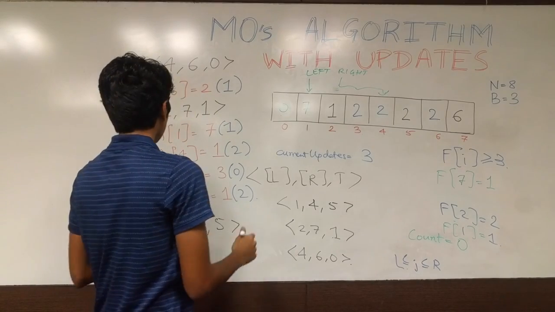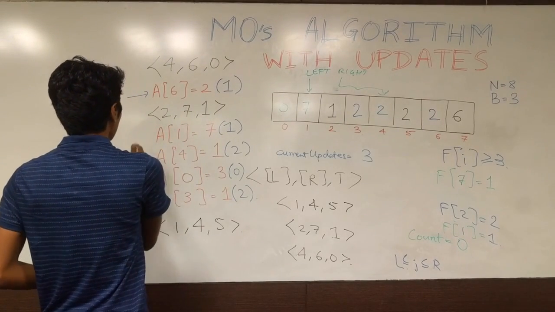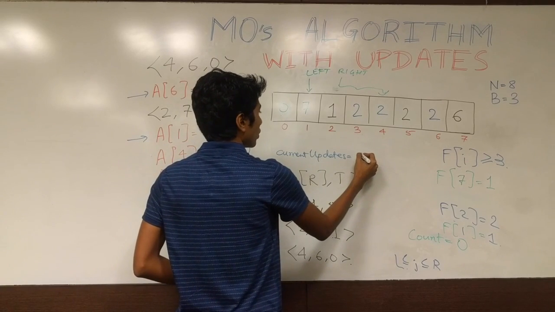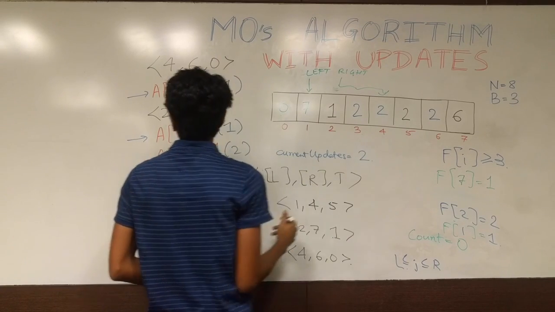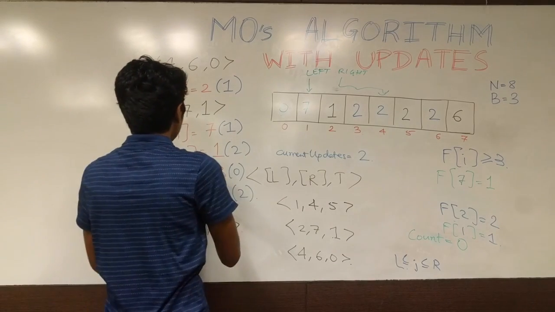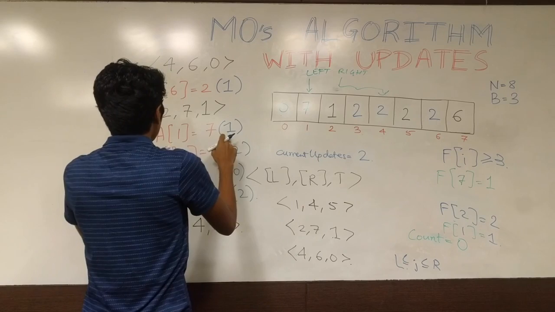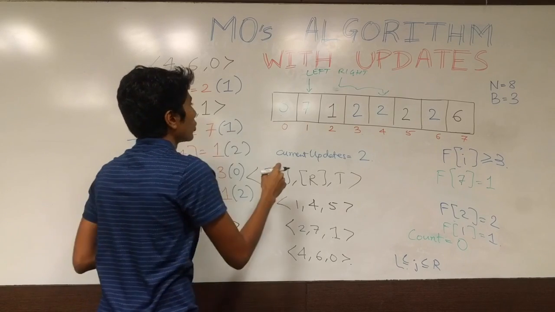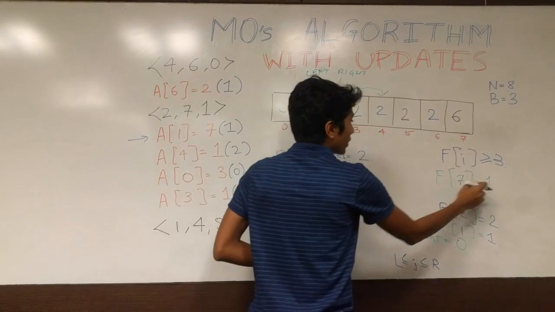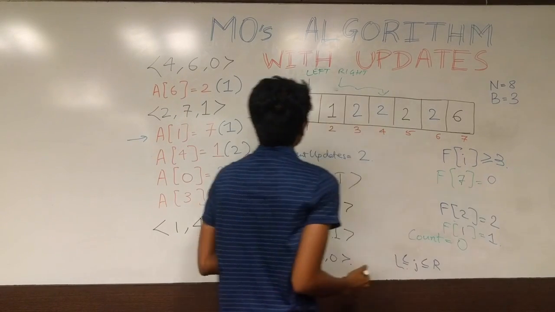Okay, we are doing reasonably well. We need to go back here. Current updates are what, 2? Yeah. So we need to go all the way back here, but we aren't there yet. So roll this back. A of 1 is set to 1. So f of 7 had to be decremented, that's over here.